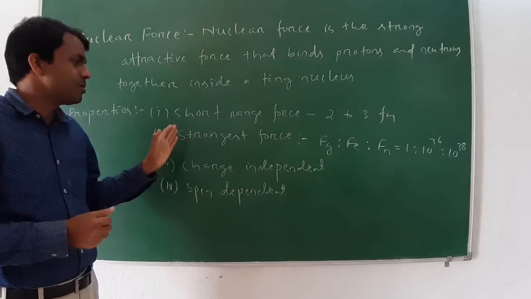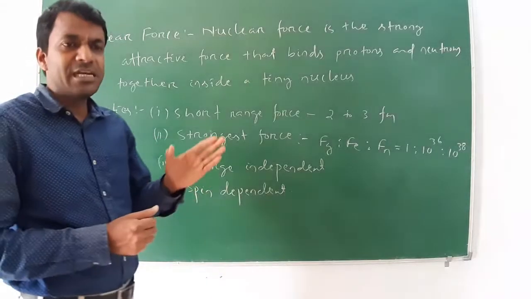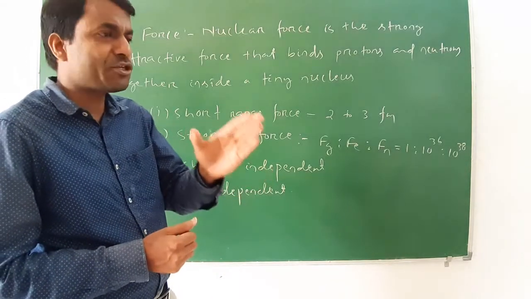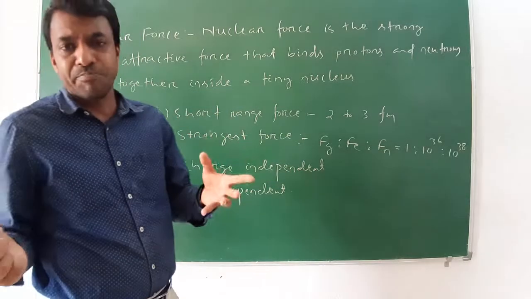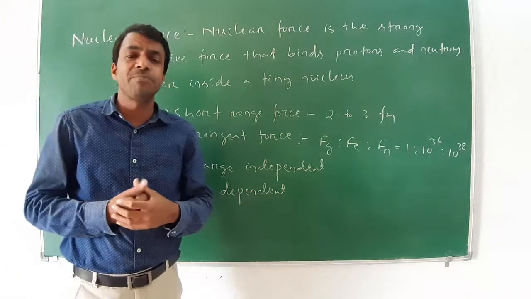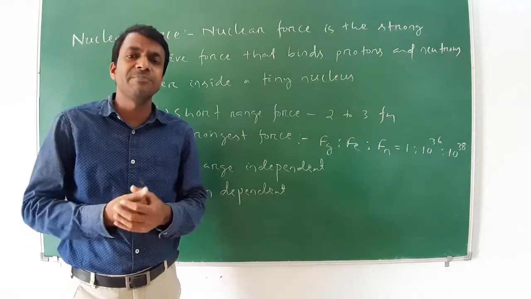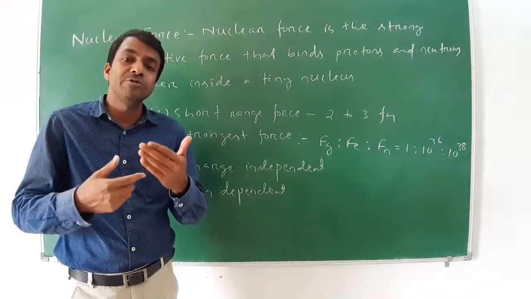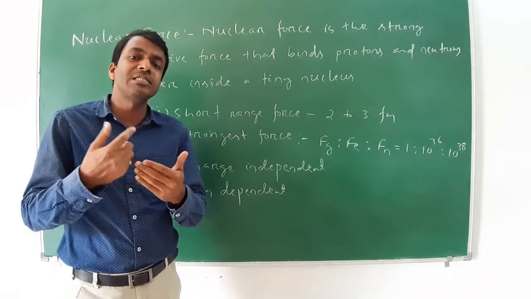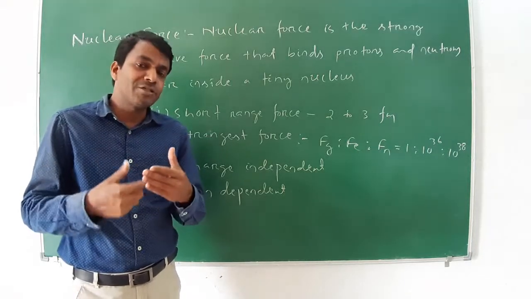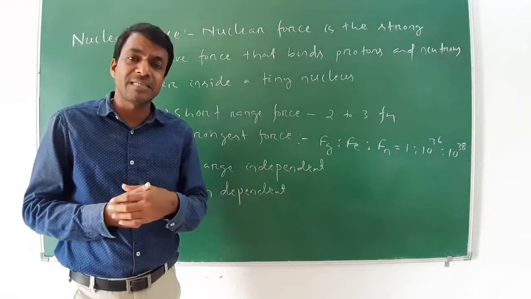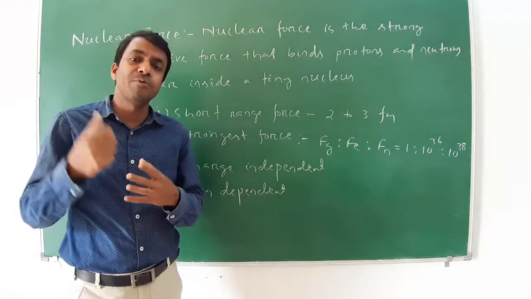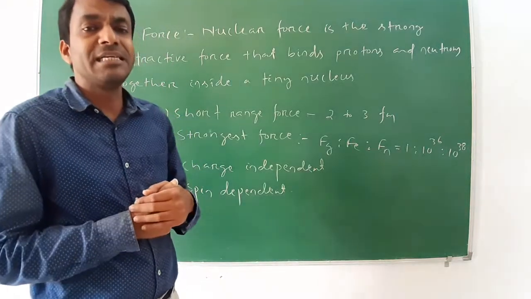Second property is that it is the strongest force. Nuclear force is generally the strongest force. If we compare the gravitational force, electrostatic force and the nuclear force, then the ratio between them: if gravitational force is 1 times, electrostatic force is 10 to the power 36 times, but nuclear force is 10 to the power 38 times.